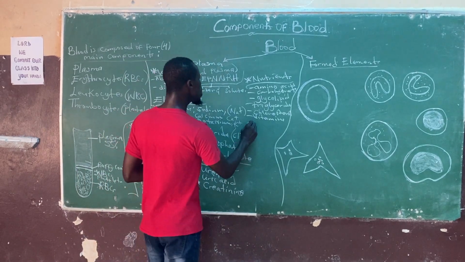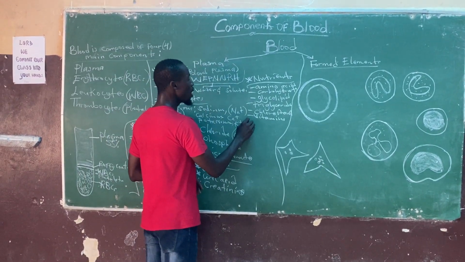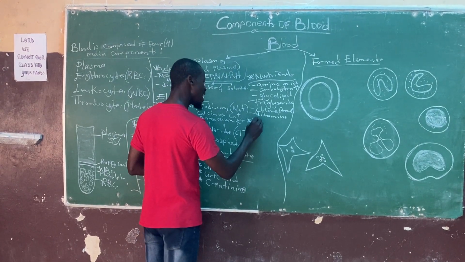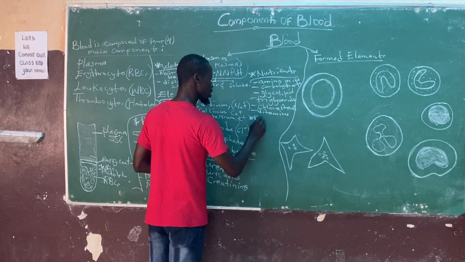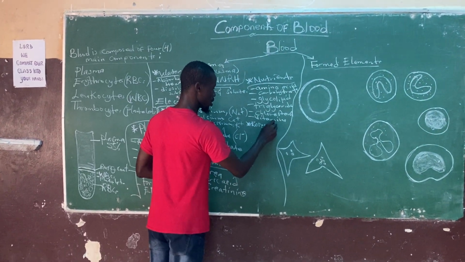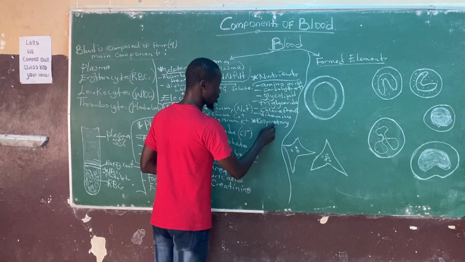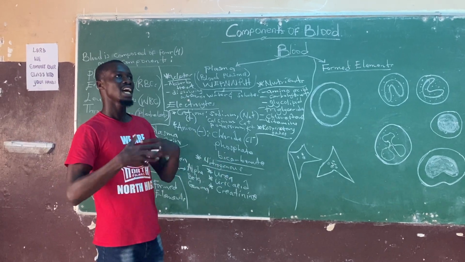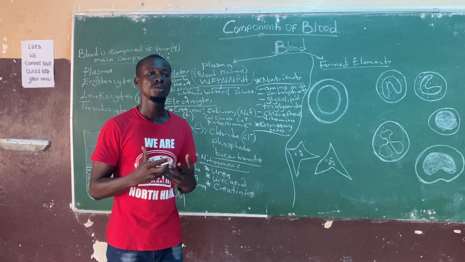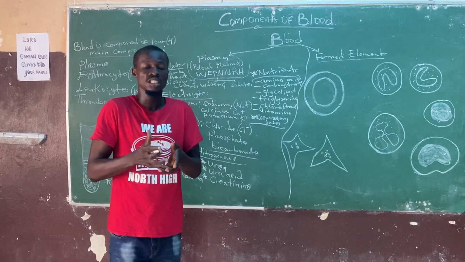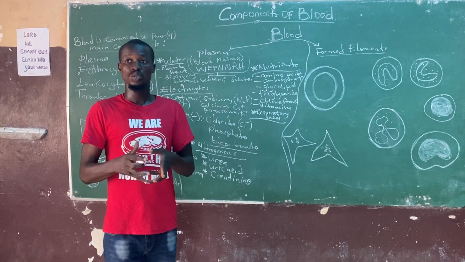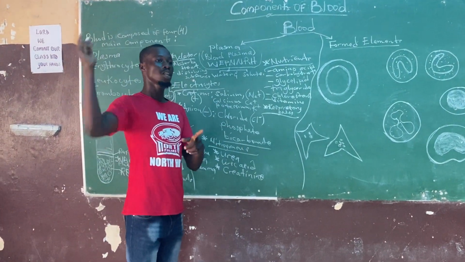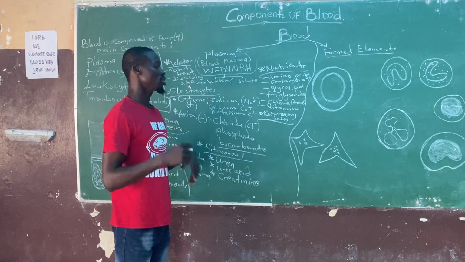Then we also have the respiratory gases or blood gases. What are the respiratory gases? These are gases that are exchanged in the lungs. Our body takes in oxygen, and when it is used, the body produces carbon dioxide. The carbon dioxide is taken back to the lungs and put out through exhalation.